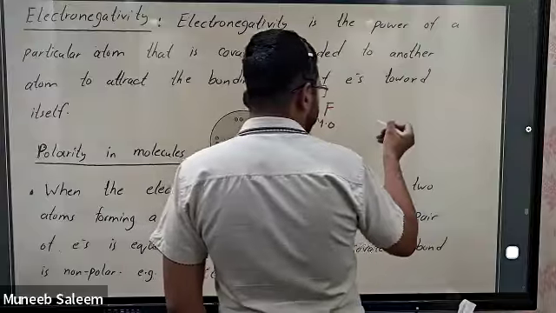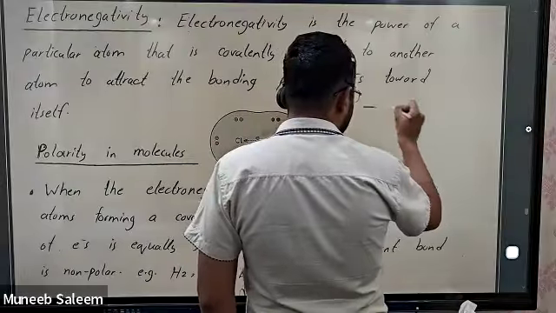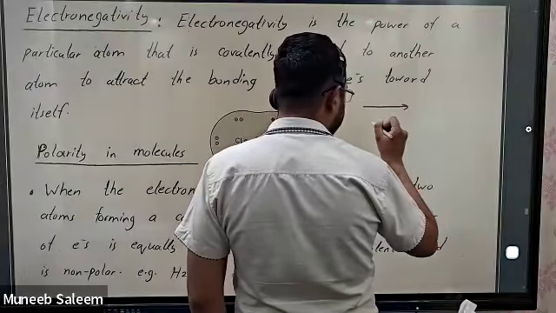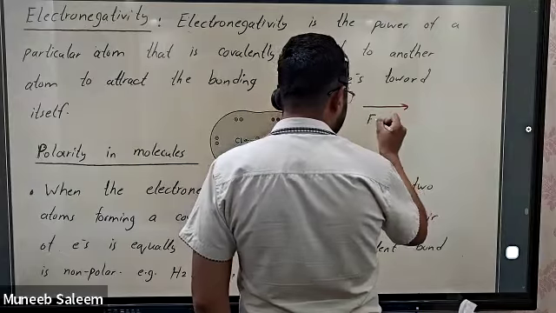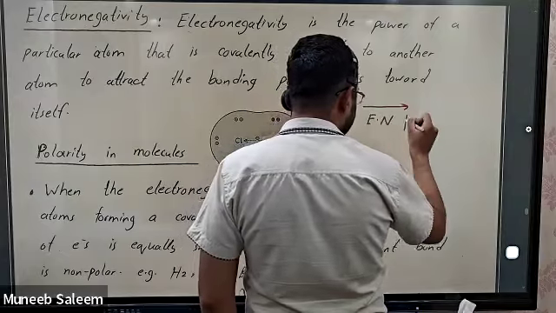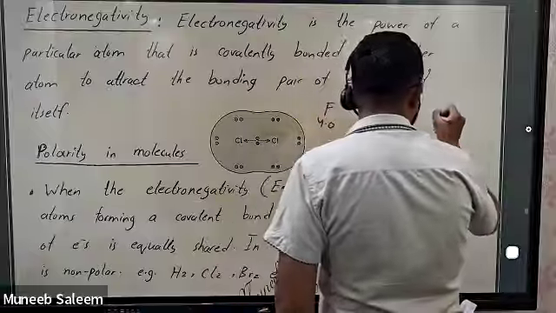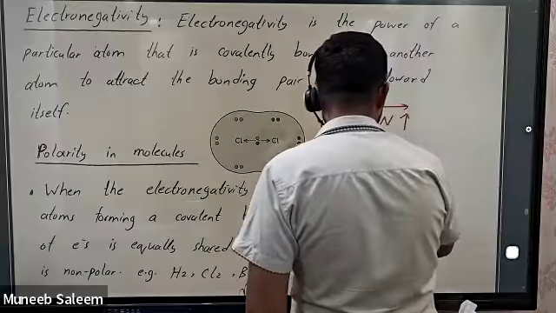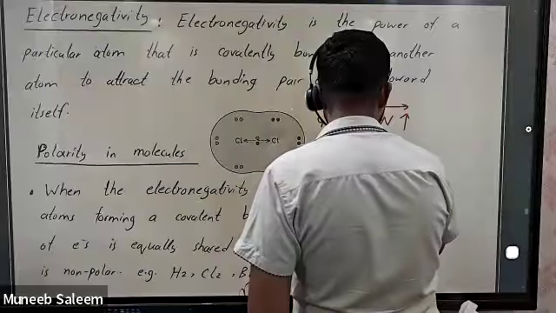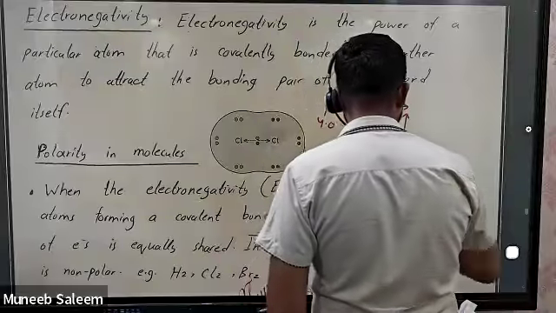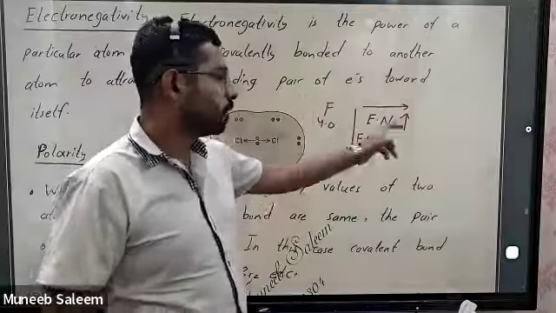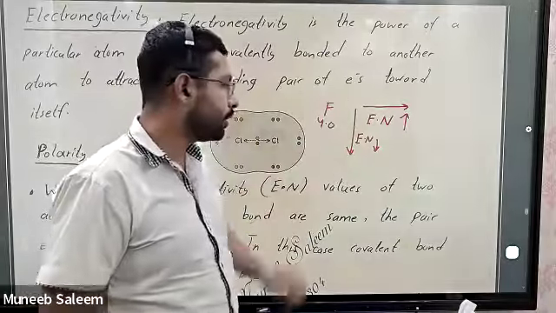The order of the electronegativity values in the periodic table is that while moving from left to right across the period, the electronegativity value increases, and when you move down the group, the electronegativity decreases. Moving across the period will increase the value, moving downward will decrease the value.